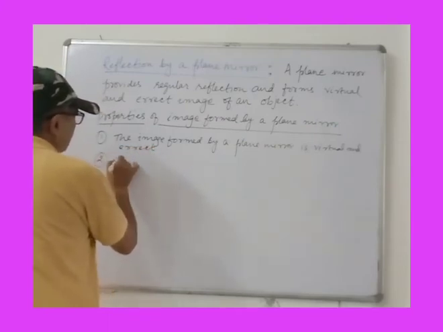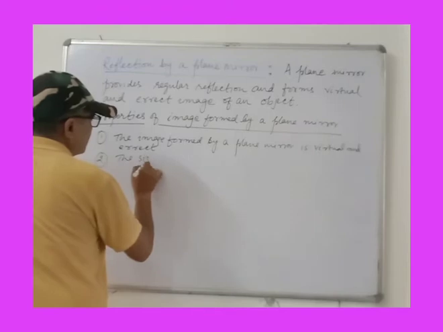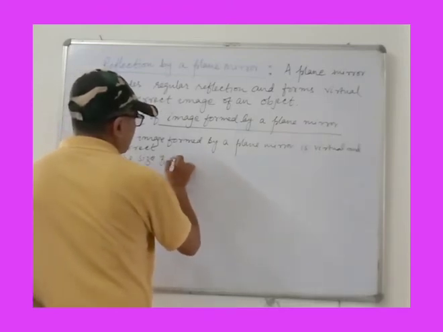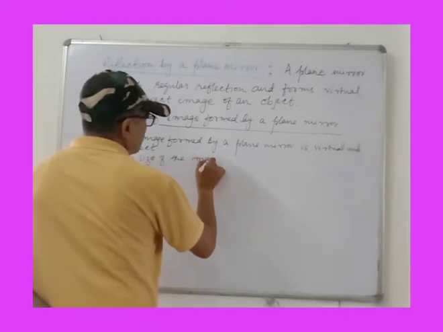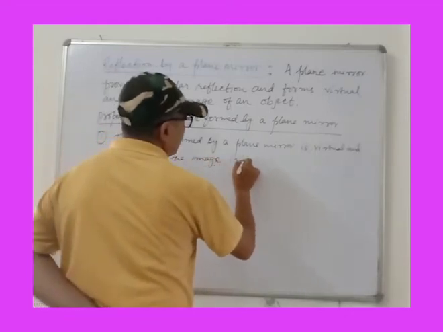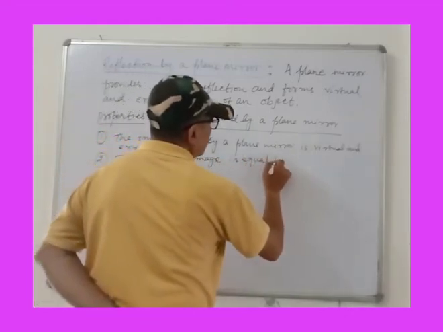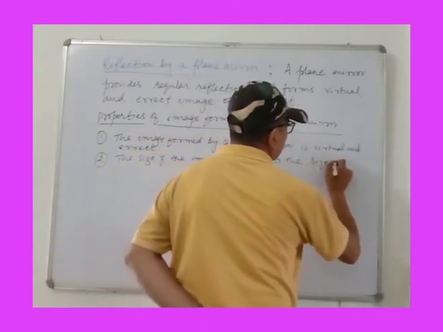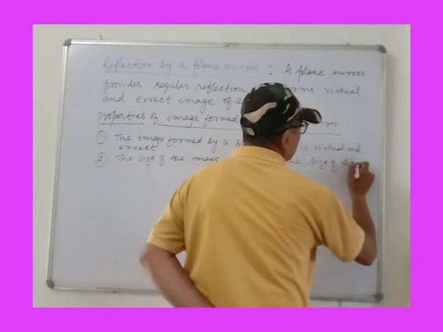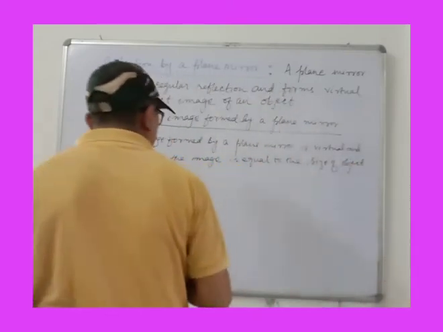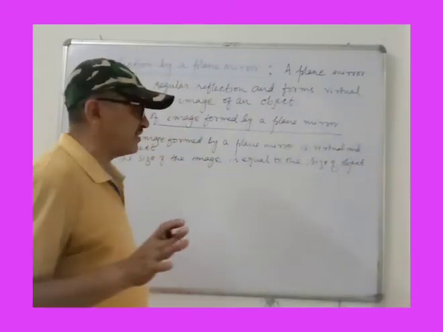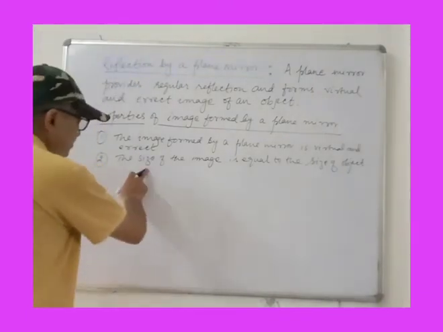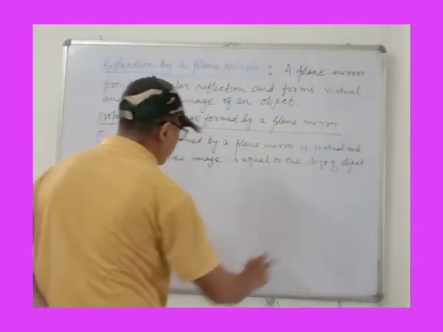Number 2, the size of the image is equal to the size of the object. You have studied this thing in lower class also, in class 8. The same thing we are studying in class 10. Size of the image is equal to the size of the object.